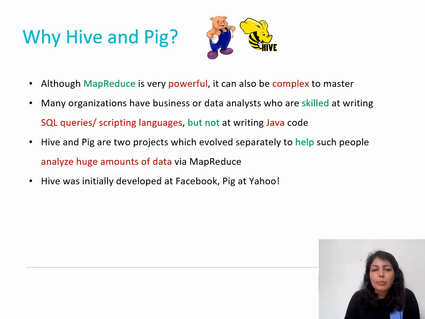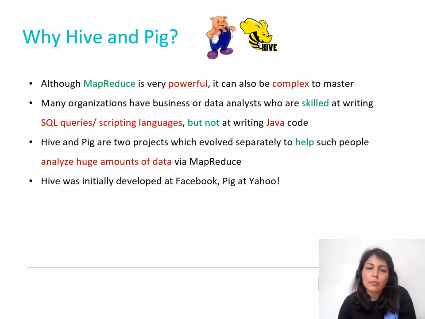That's why Hive and Pig have been developed on top of Hadoop to help these people and also analyze huge amounts of data based on MapReduce. Hive has been developed by Facebook and Pig by Yahoo. Okay, let's have more details about each one separately.